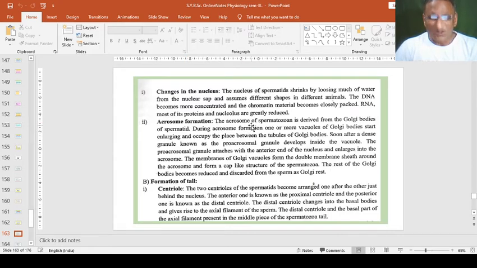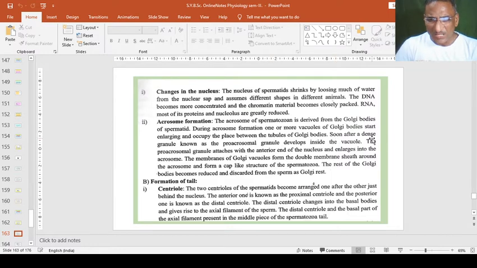The acrosome of the spermatozoon is derived from the Golgi bodies of the spermatid. During acrosome formation, one or more vacuoles of the Golgi complex start enlarging and occupy the place between the tubules of the Golgi bodies. This helps aggregate these molecules to the anterior side, and after gathering, it forms a blackish part. We call it the acrosome.